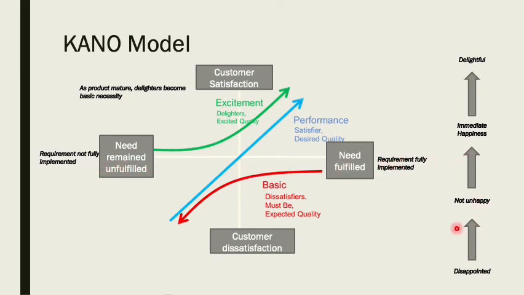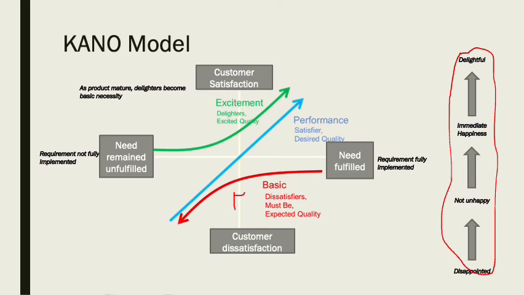The way you read it: take this entire thing and place it somewhere here on the left-hand side. If you read it, your client is disappointed because you're not even trying to implement something. Another example of basic features is this.